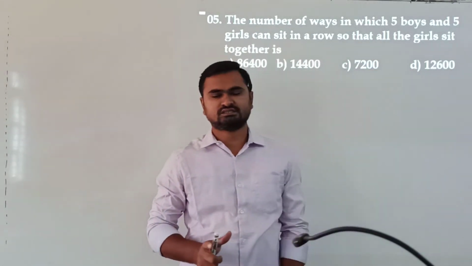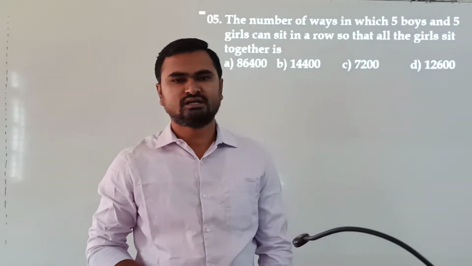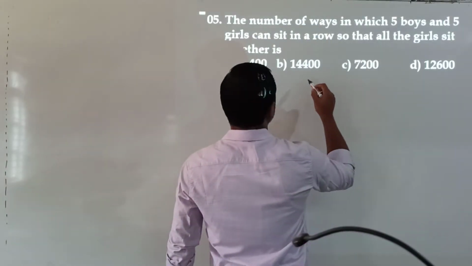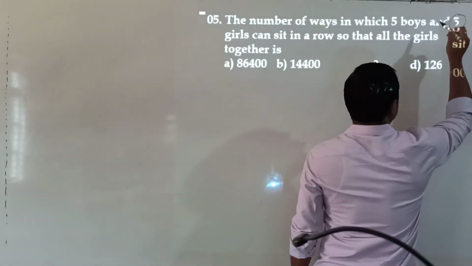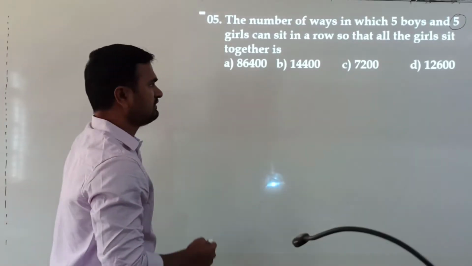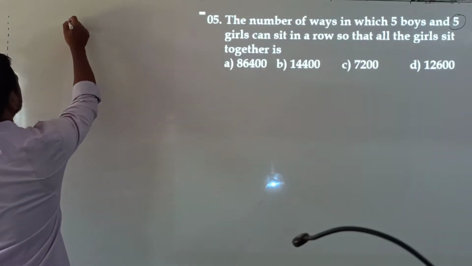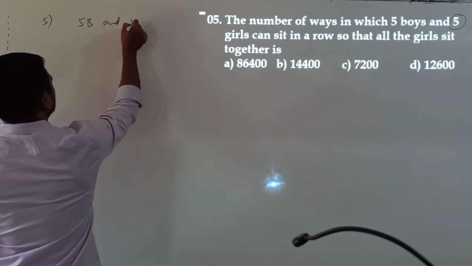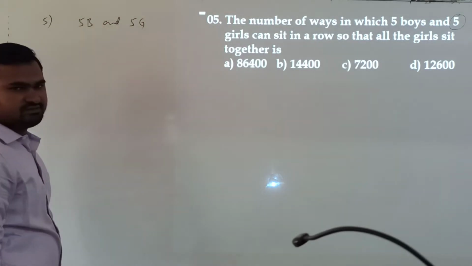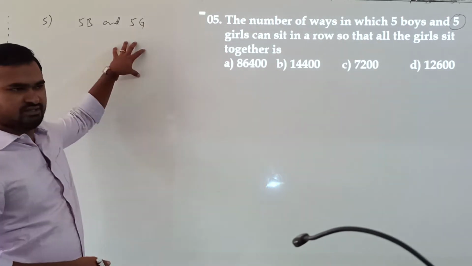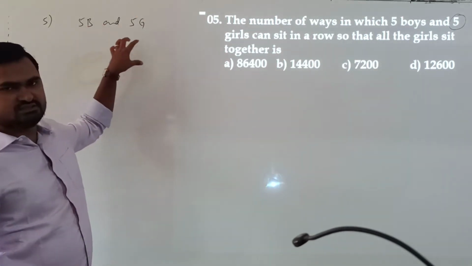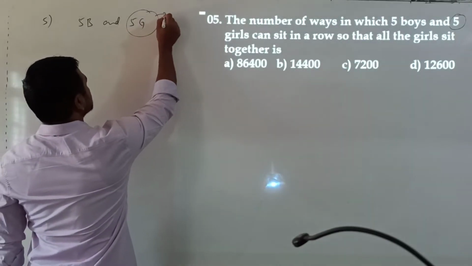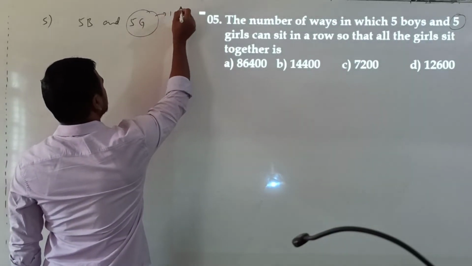So when some objects are to be together, we take those objects as a group, as one object. So take this group of 5 girls as one object.